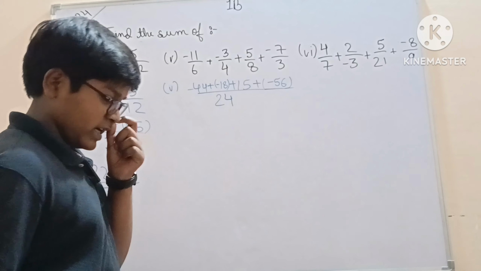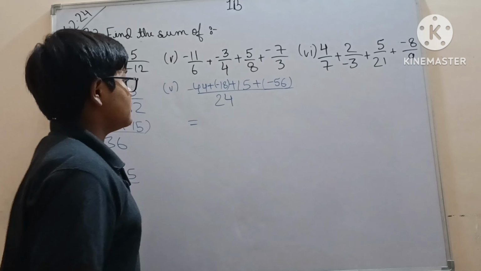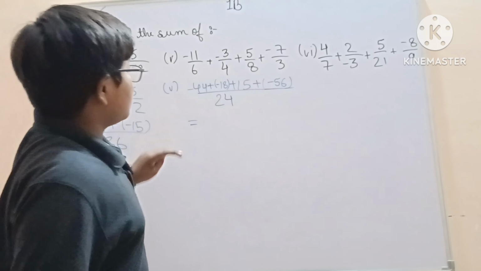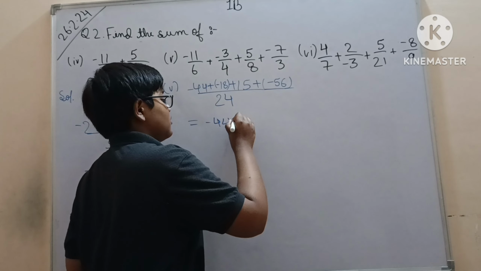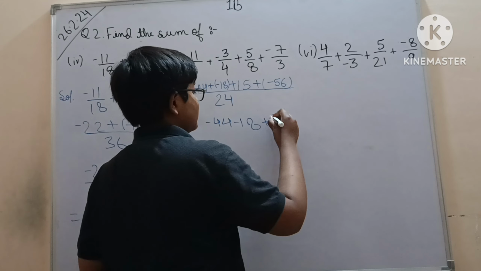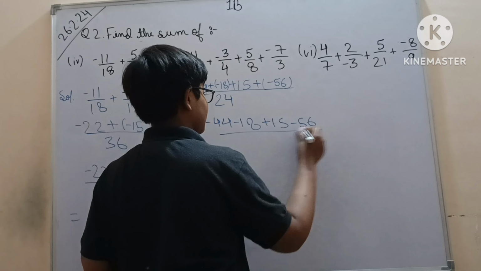So now we will add or subtract these values for getting our answer. So minus plus is minus, minus 44, minus 18, plus 15, minus plus minus, which is minus 56, divided by 24.